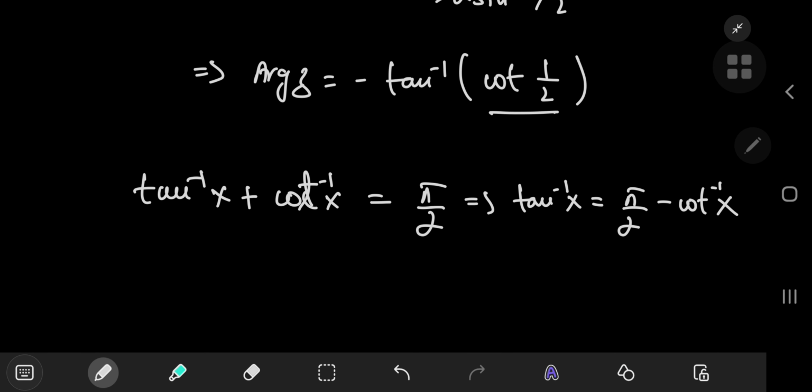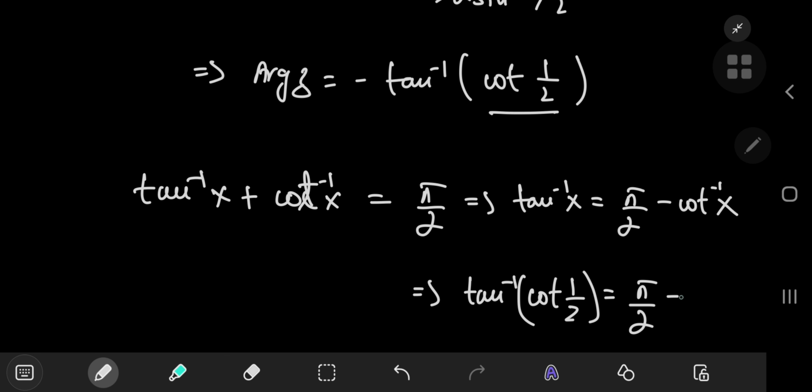And replacing x by the cotangent of 1/2, the inverse tangent of the cotangent of 1/2 equals pi by 2 minus 1/2, since the inverse cotangent and the cotangent cancel out, so you're left with 1/2. Okay, cool.